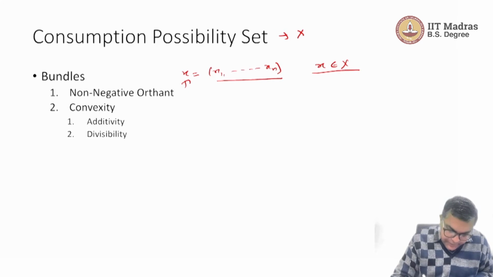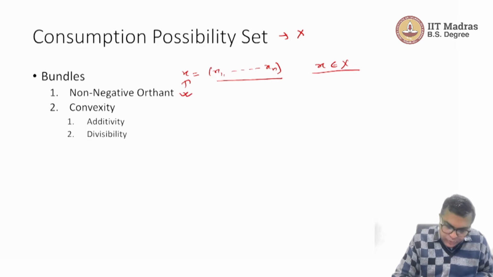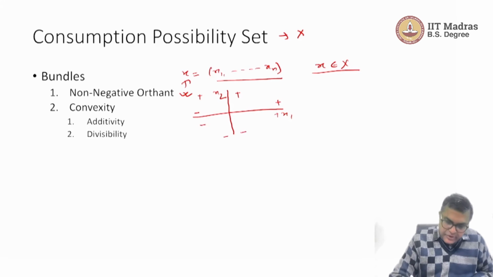So, we can say it is in the non-negative orthant. What does it mean? In two dimensions, if you have x1 here and x2 here, x1 is positive, x2 is positive, but here x1 is negative and x2 is positive, here both are negative, and here x2 is negative but x1 is positive. So, this is the positive quadrant because we have just 4. That is why I can call it a quadrant.